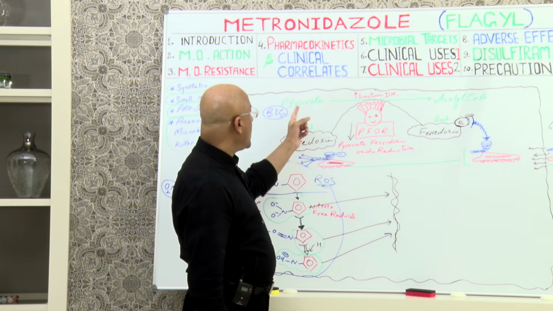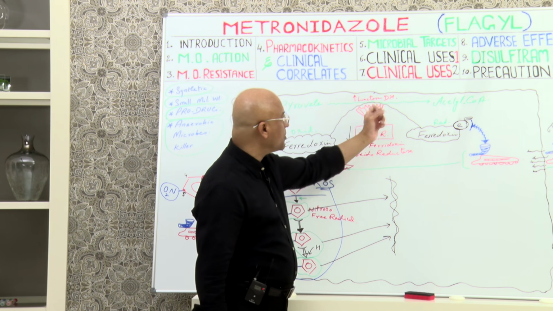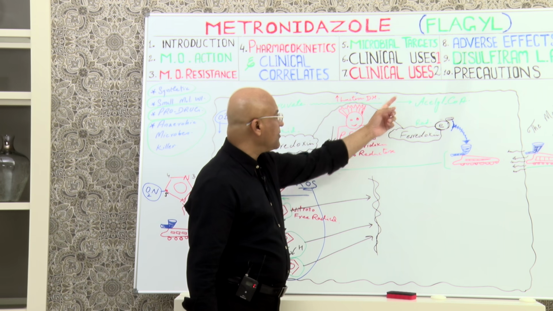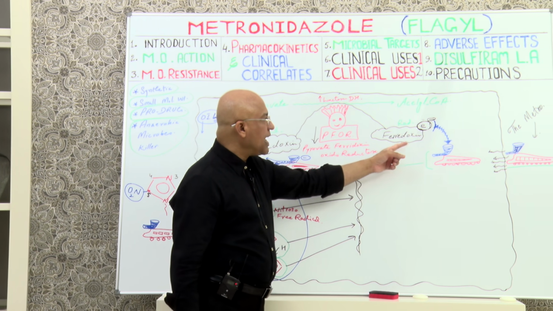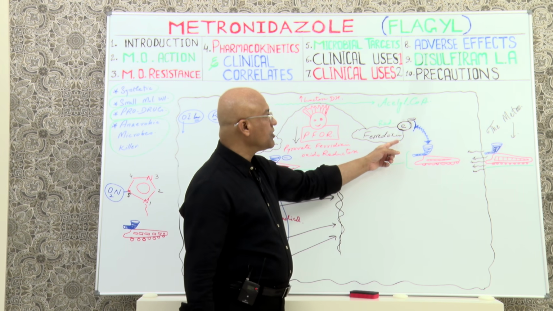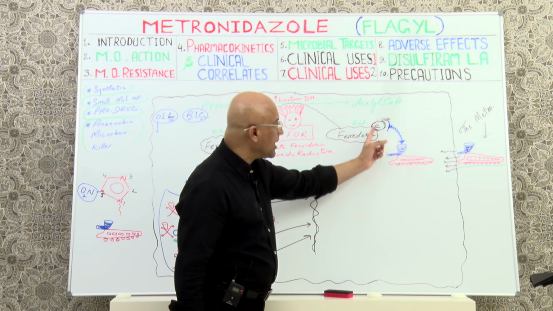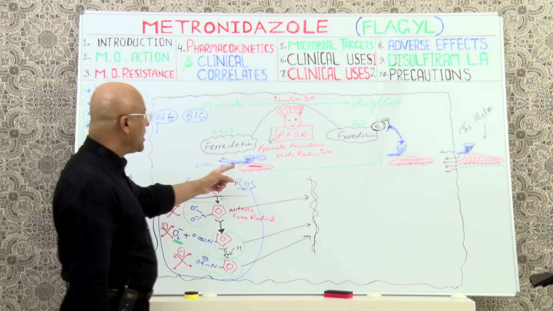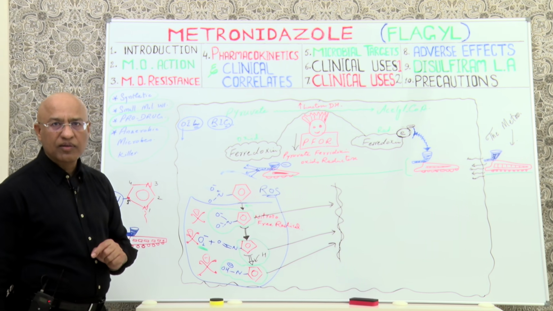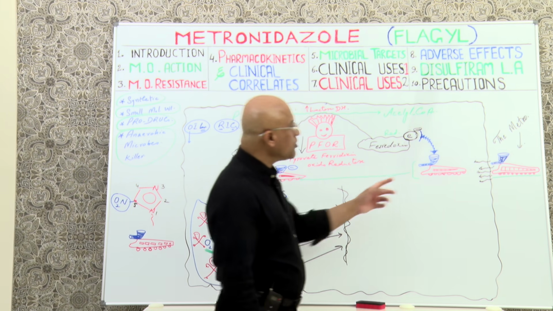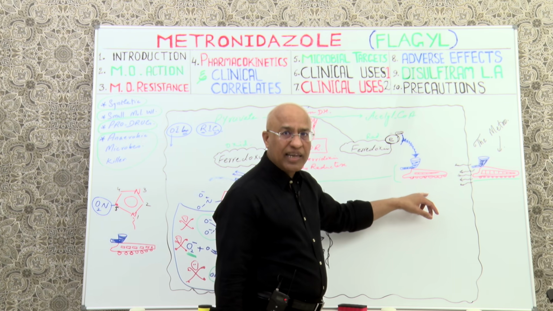So pyruvate takes up another pathway rather than loading the electron on ferredoxin, and as electron-loaded ferredoxin is not made in these resistant microbes, metronidazole is unable to get the electrons, cannot undergo reductive activation, and is unable to damage the cells.